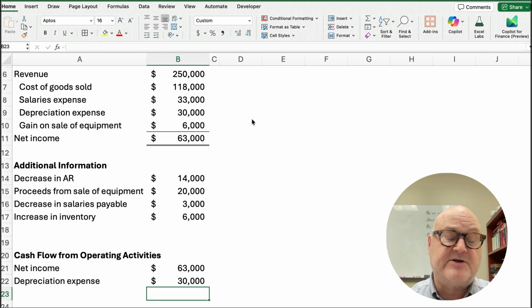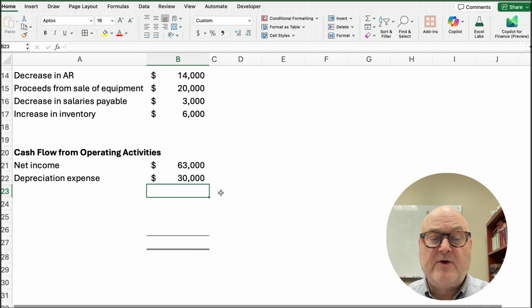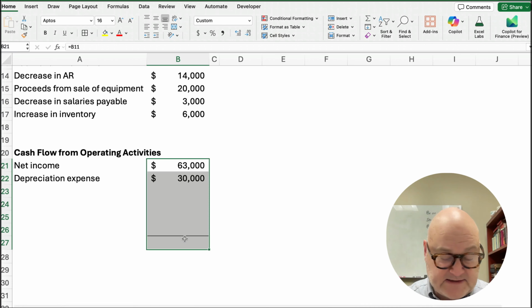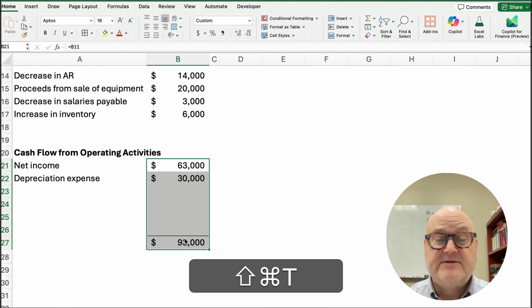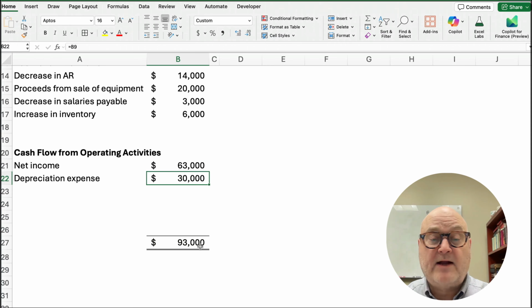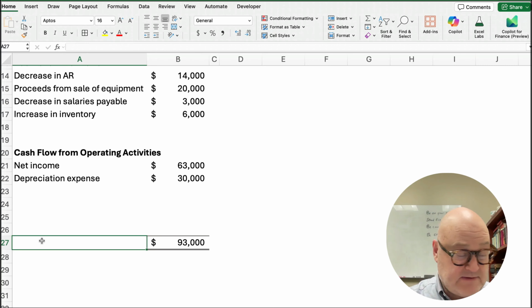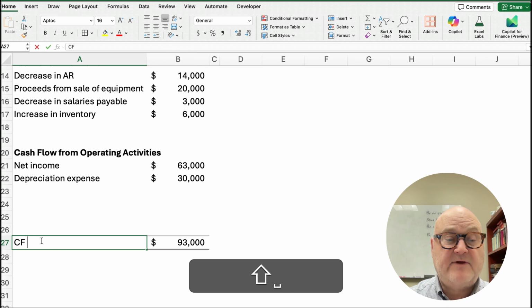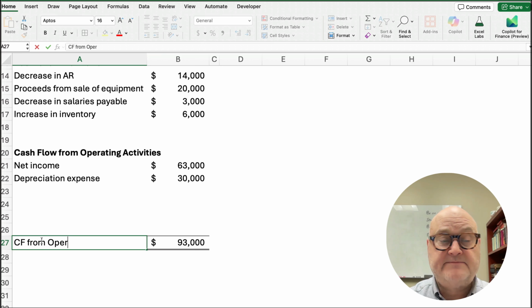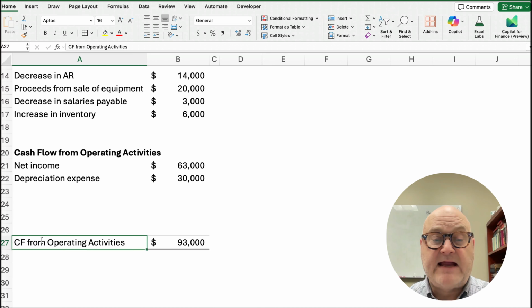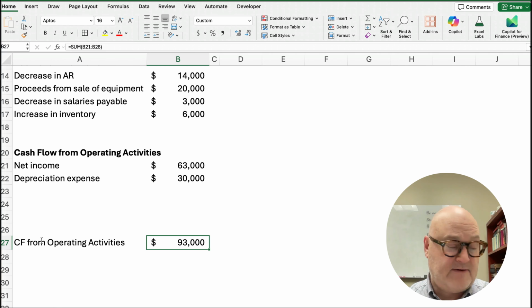Okay, so there's our start. In fact, I'm going to go ahead and do the sum here so we can see. So right now, our subtotal, our cash flows from operating activities is 93. We're not finished yet, but this kind of gets us started.